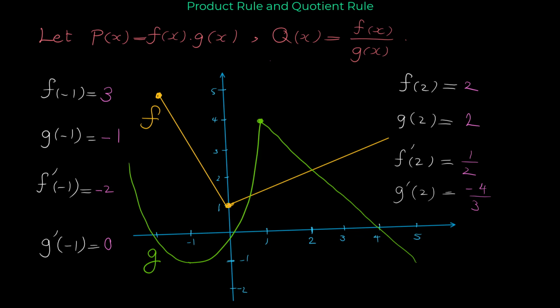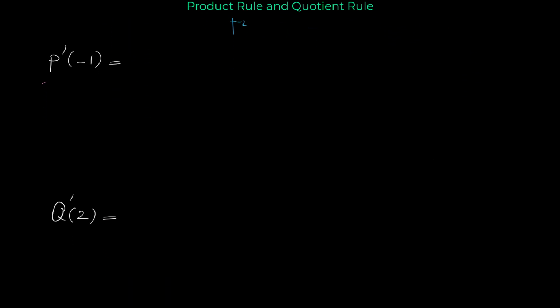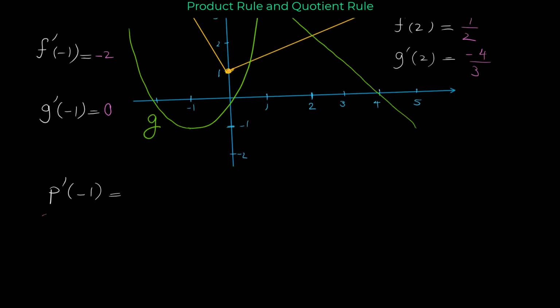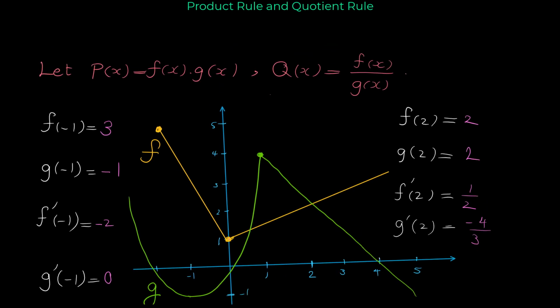Now that we have these values, we want to answer our main questions that here we have. What is p prime at -1? But before we answer this, let me remind you what was p. P is basically defined to be f of x times g of x.